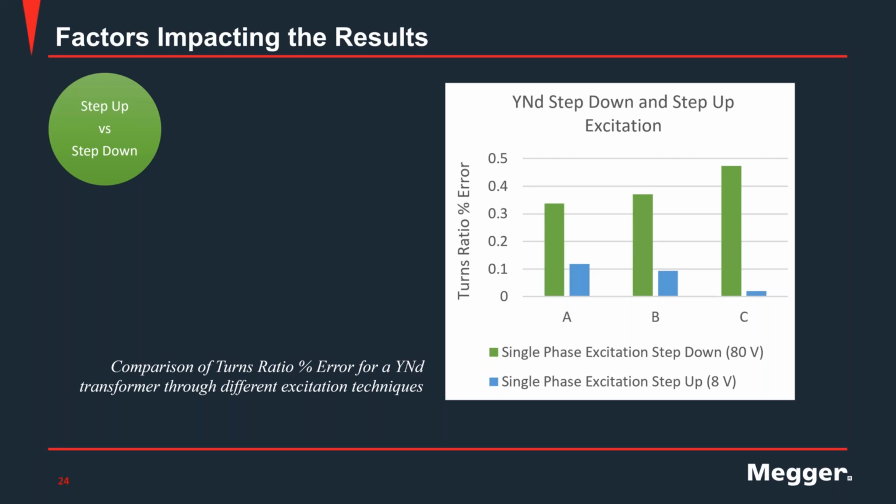If we look at phase C in this example, with step down we were very close to the limit, 0.5%, and with step up, again 10 times less voltage, there is a very, very small error. And again, we are not making the transformer better, we are just getting better accuracy for our measurement.